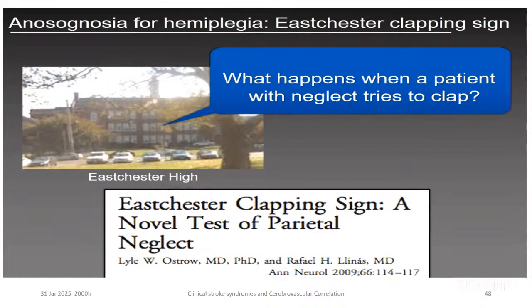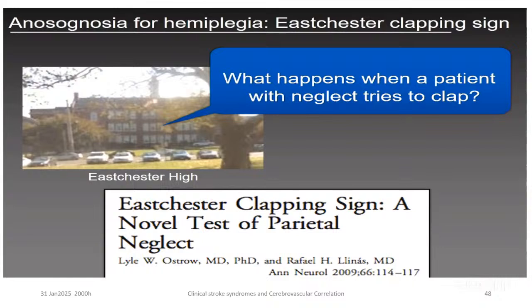How will he clap if he has got an infarct on the right cerebral hemisphere? And nobody thought about it. The Eastchester High School teachers didn't know, so they immediately rang up Massachusetts and asked them, what do people do then? They also don't know. It happened in 2012 or 2009 to 12. Till that time, nobody thought how they are going to clap.